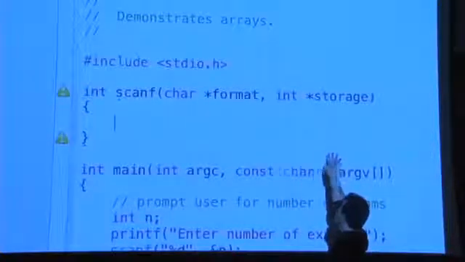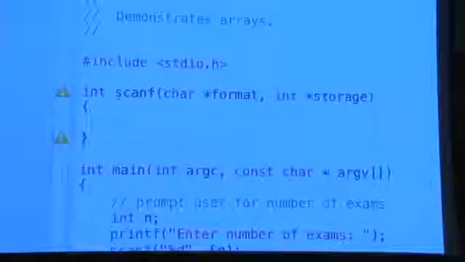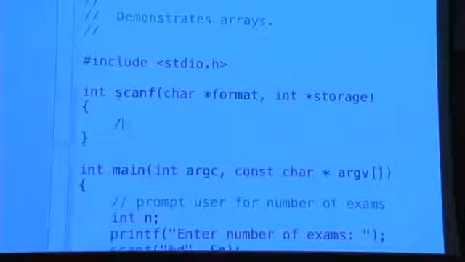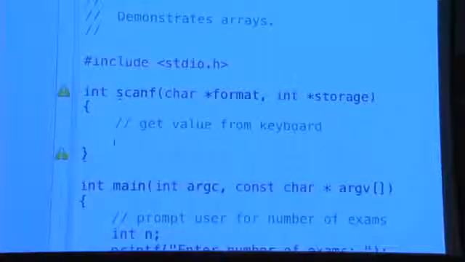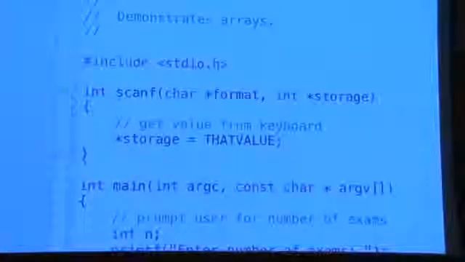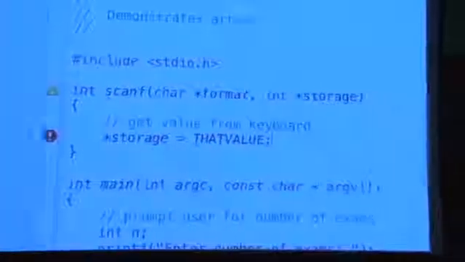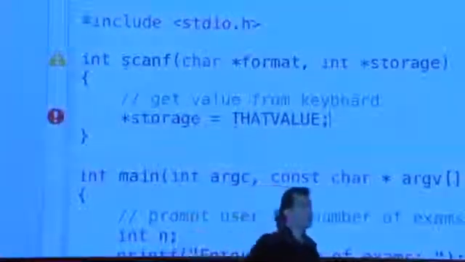It's going to take, let's just say, one pointer to an integer, storage. So how scanf is going to be implemented is essentially get value from keyboard, and then you're going to do star storage gets that value, whatever it is. So pardon the pseudocode. Star storage means, if storage is literally a pointer, 1, 2, 3, 4, 5, star means go there. So it's the opposite of the ampersand.